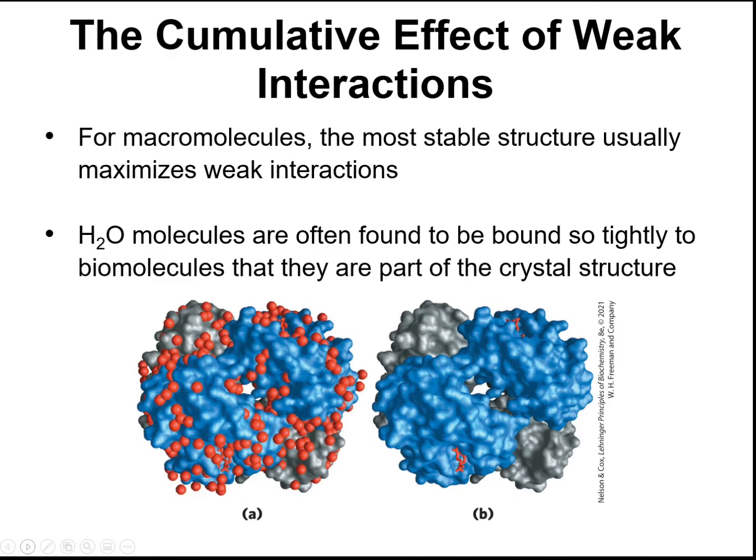But why are these interactions so important? They're important because the sum of their parts can actually stabilize a structure. So right now we're looking at a crystal structure of hemoglobin.